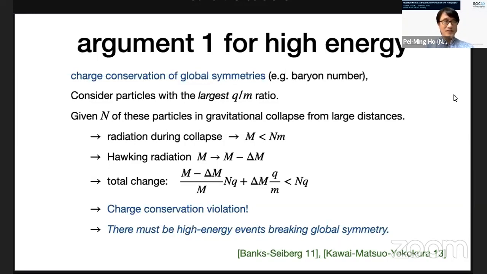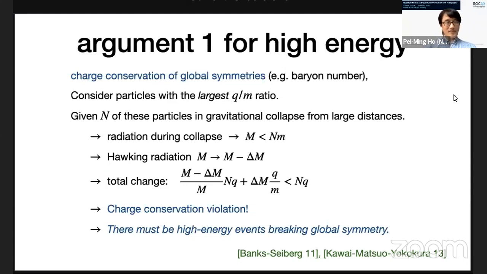Right. So the first argument goes like this. If you have a low energy effective theory in which you have some global symmetries and associated charge conservation, for example, the baryon number, then you can pick the particle with the largest charge over mass ratio.